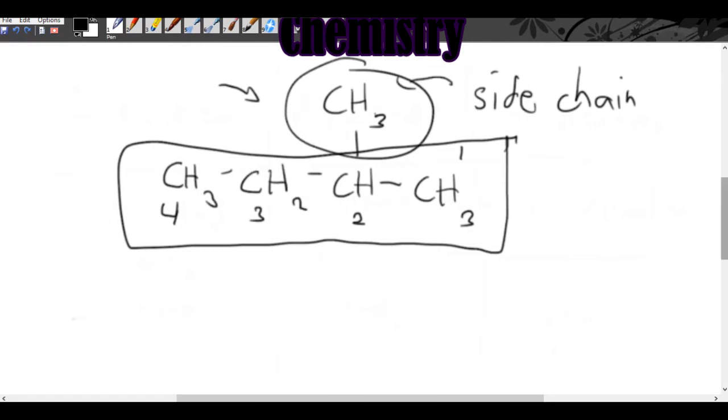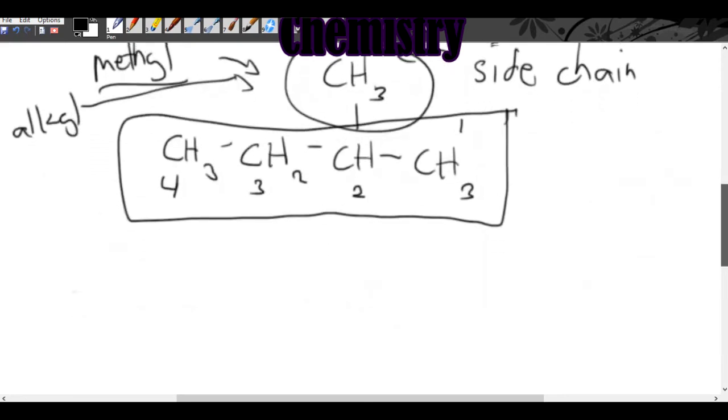Oh, by the way, it's called alkyl. My bad. Just alkyl. All the side chains of carbon and hydrogens are called alkyl. I will talk about the haloalkyl later on. But this one here is called methyl.